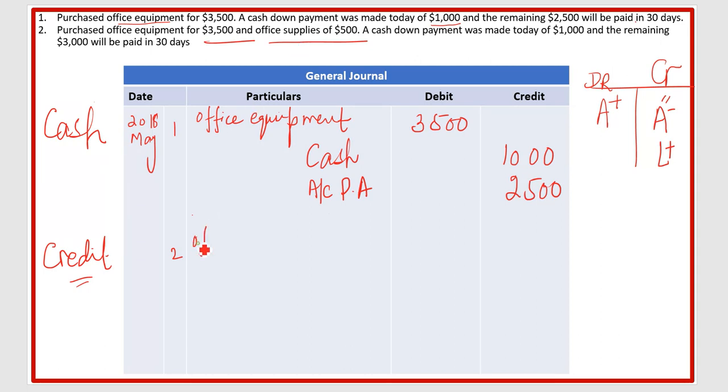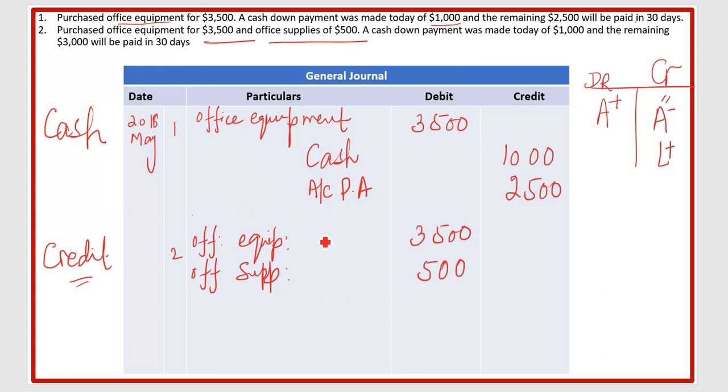First, because we have purchased office equipment, our assets are increasing, and when assets increase we write on the debit side because assets have a normal debit balance. Same for office supplies, this is also on the debit side, that is why we write it here. There is no need for indentation. Indentation we make for the credit side. So this is the office supplies, I will write the short form, and the worth is 500.